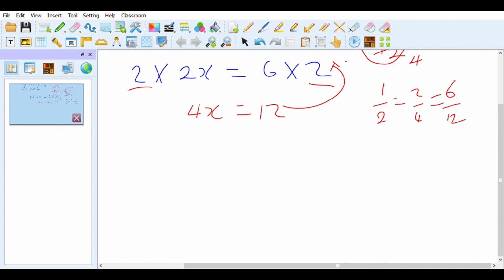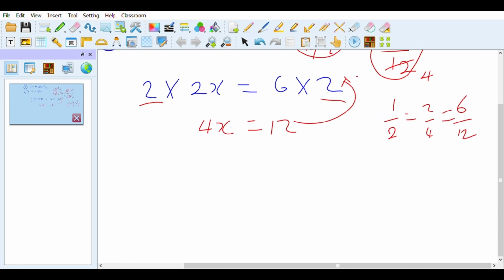Even if we multiply, let's say we have 3 over 5, and we multiply numerator and denominator by the same number, let's say 10, this will give us 30 over 50. 30 over 50 is still the same as 3 over 5 because we did the same thing to the numerator and denominator. I'm emphasizing this so you understand.